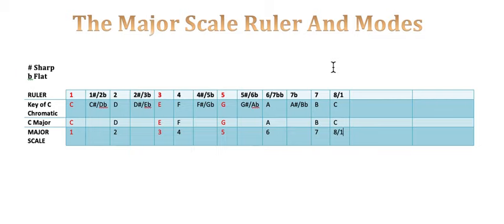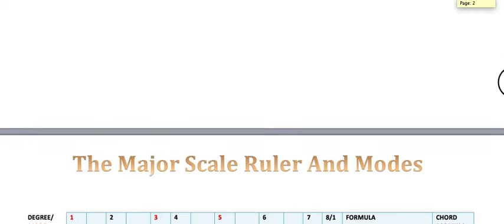Okay, you're back to 1. It's an octave. So this is what we have. Now I've just explained this briefly so that we can move on to looking at the major scale modes that I started on the fretboard. Now let's go down there.